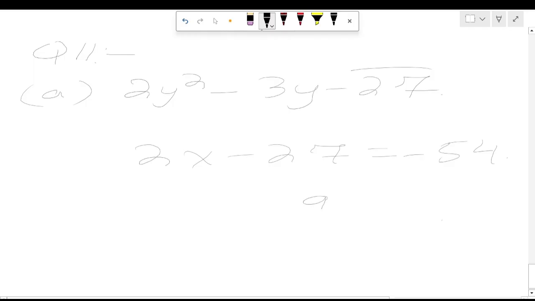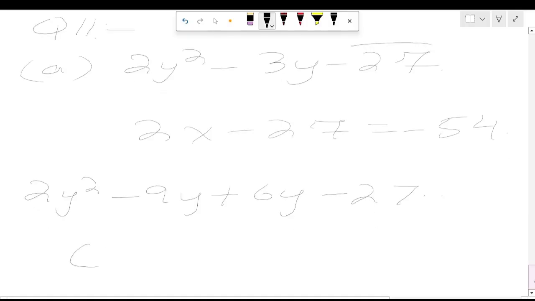So if you multiply 9 with 6, you will get 54. But we need negative 54. So we can write negative 9 added with 6. So this will be our factor for this quadratic expression. I'll just write here 2y square minus 9y plus 6y minus 27.